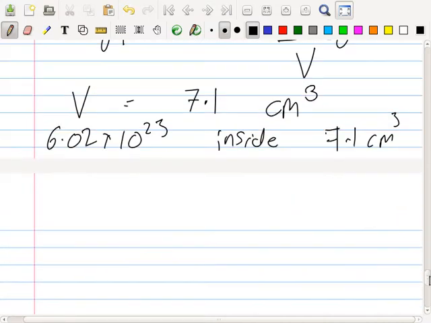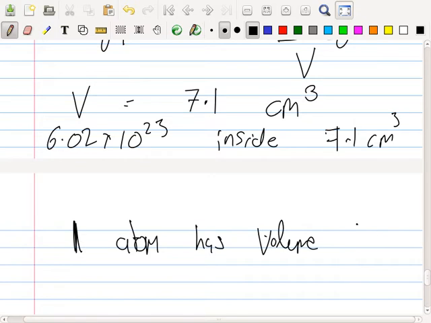I just want to get one here. So one atom has volume 7.1 over 6.02 times 10 to the 23.